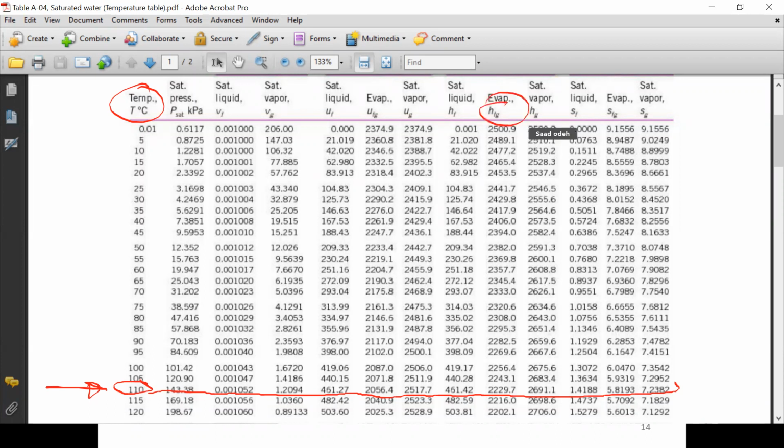Latent heat, 2229.7. Yes, if you go down this column, 2229.7 kilojoule per kilogram. The unit isn't showing here, but maybe at the top we can find the units. All of these are in kilojoule per kilogram, even the internal energy.